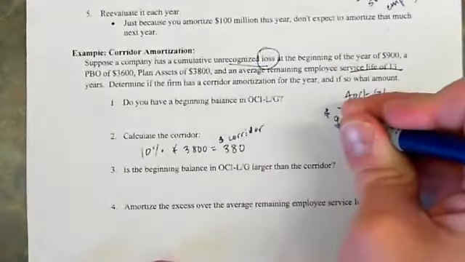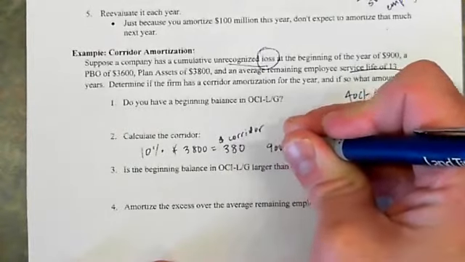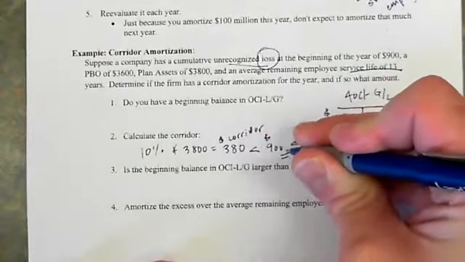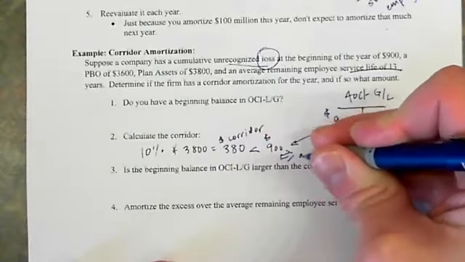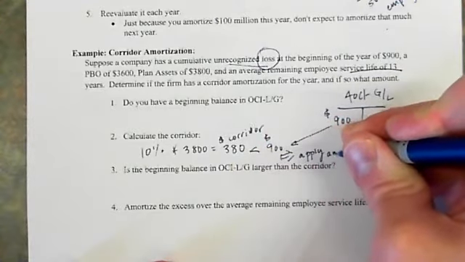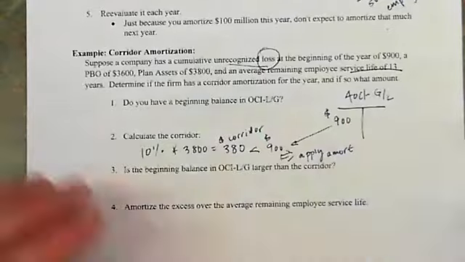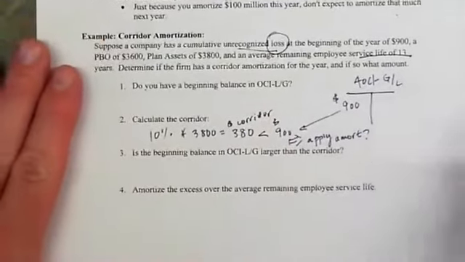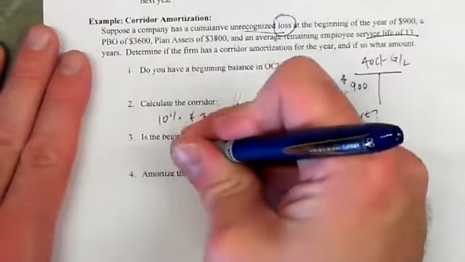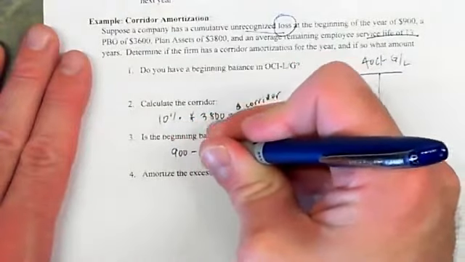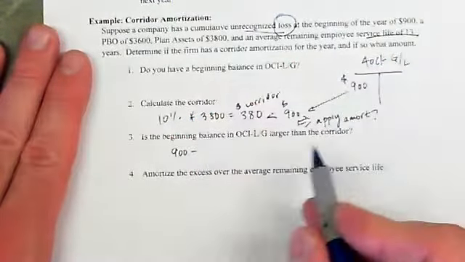Because our beginning balance of 900 is larger than the corridor, that means that it's too large. We have to apply amortization. Well, how much are we going to amortize? That's in the next question, where we take the difference between those two, 900 minus, this is just asking if it's bigger.